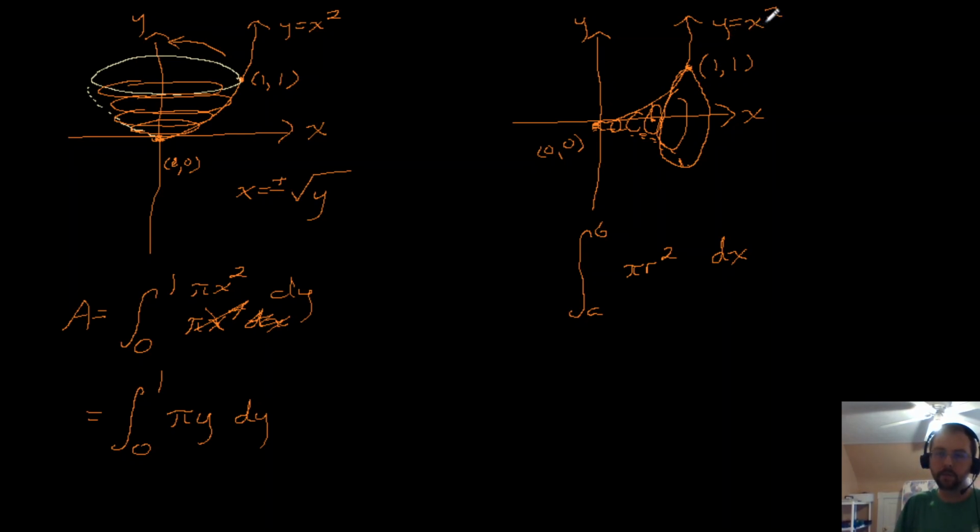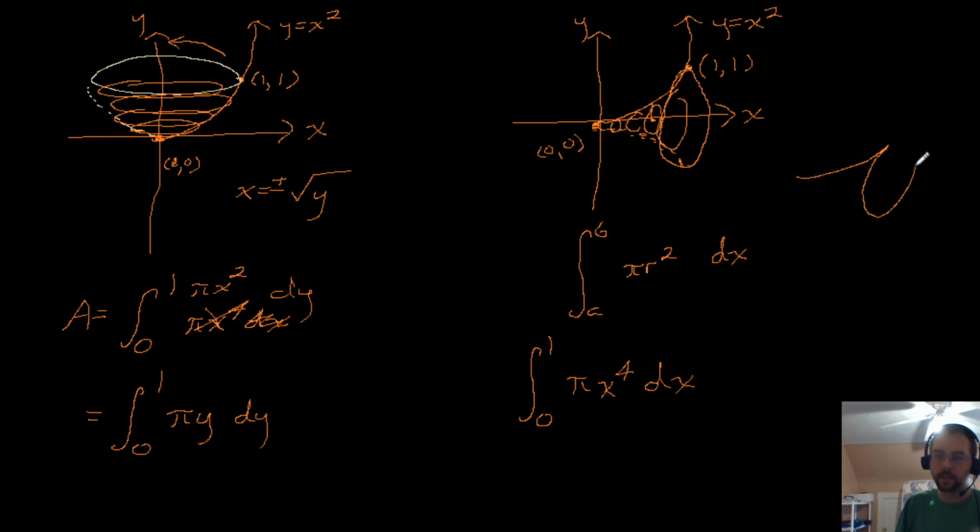So this one will be x squared. So this should be the integral from 0 to 1 of pi x squared squared, which is x to the fourth, dx.